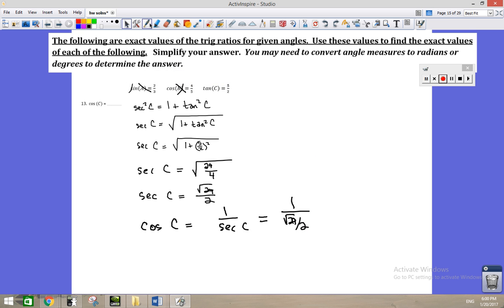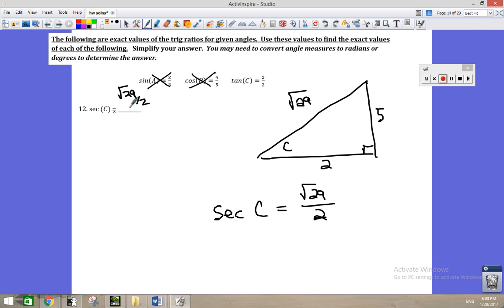So that's 2 over radical 29, which rationalizes to 2 radical 29 over 29, which is the same answer we had before. So I redid secant C and then recognized, oh, I just did it.